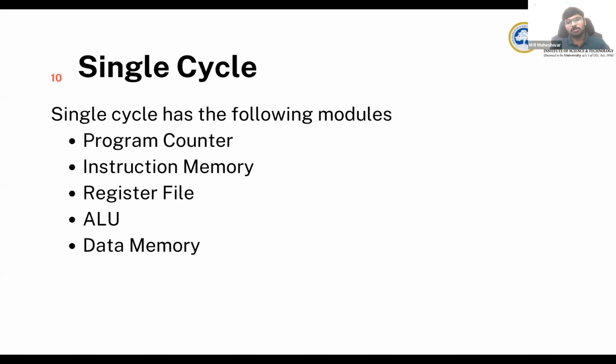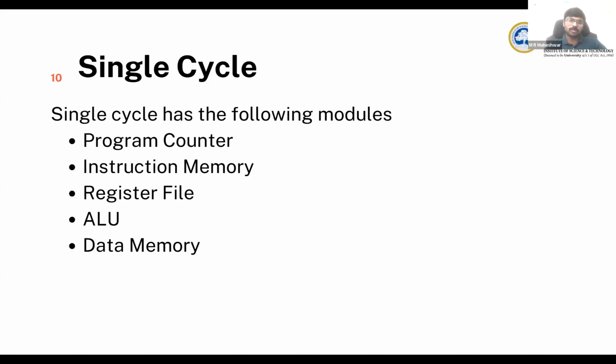Coming to the instruction memory, this is where all the instructions have been loaded. The program counter will point to the address in the instruction memory, such that the instruction will execute. In the register file, we have all the registers.